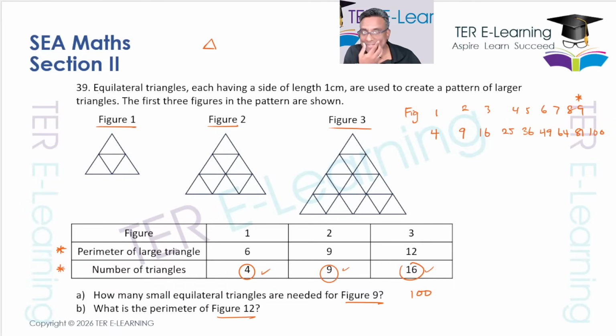I've seen some people saying 36. For a question like this, watch what's happening. We start off with 6, 9, and then 12. If we jump from this to this, we are adding 3. When you jump from here to here, you are also adding 3.